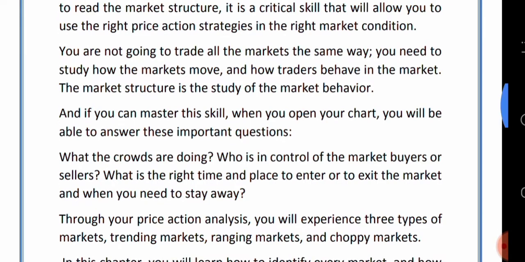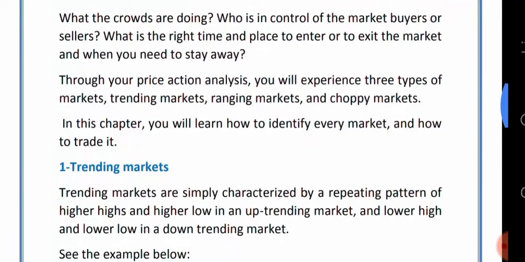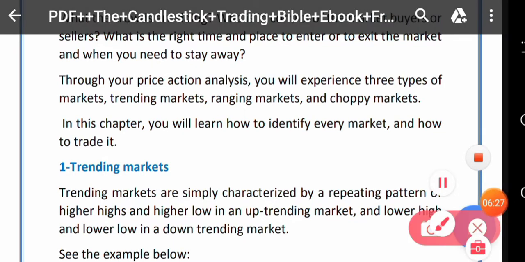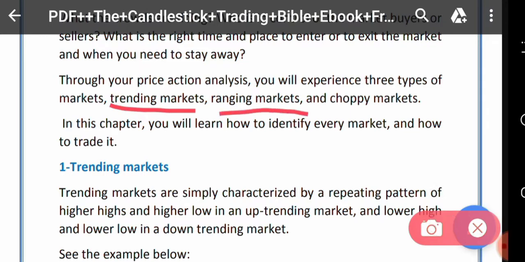Through your price action analysis, you will experience three types of markets: trending markets, ranging markets, and choppy markets. Let me highlight this for you guys: trending markets, ranging markets, and choppy markets.